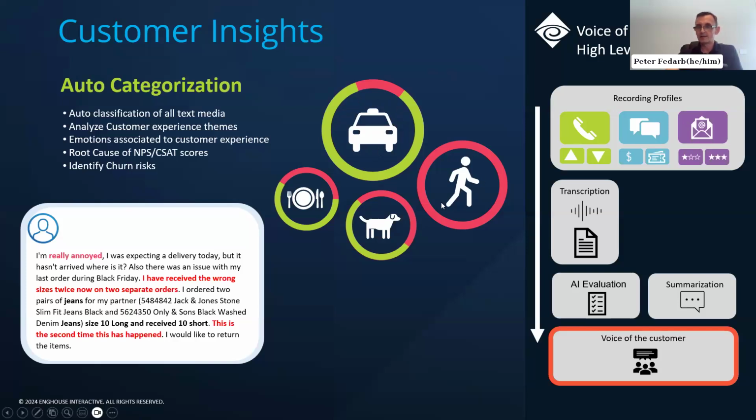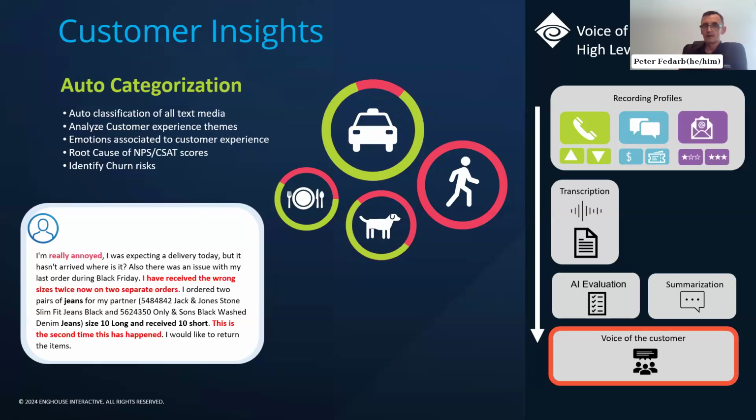What are the common things the AI sees being mentioned? Also, what the emotionality of that call is. So we've got the green, if you like, for the good calls, the red where something was bad. So "I'm really annoyed" is being picked up, or "I've received the wrong sizes twice." So it's picking out the negatives and the positives of these conversations.